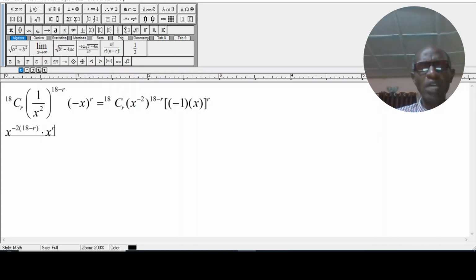Imagine that the others are not existing. 18 combination r is not existing. Minus 1 is not existing. These are the terms that are existing. So this will be x raised to the power of 2r plus minus 36.